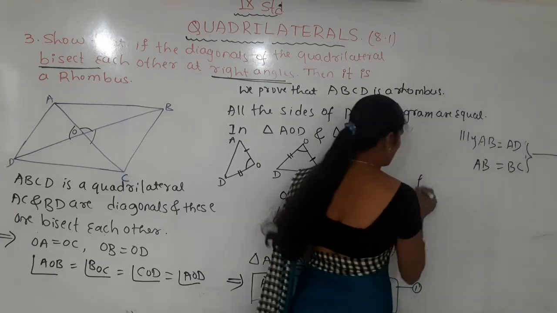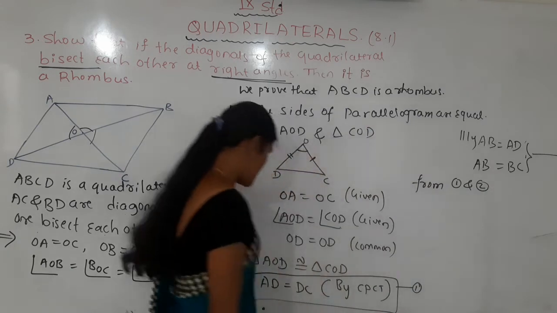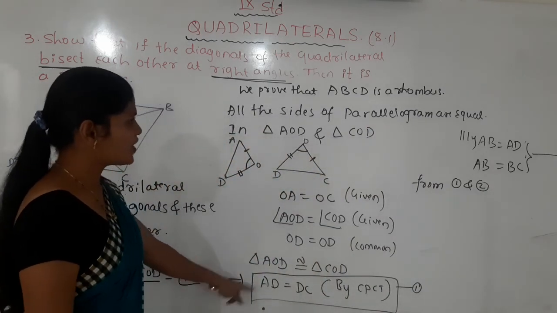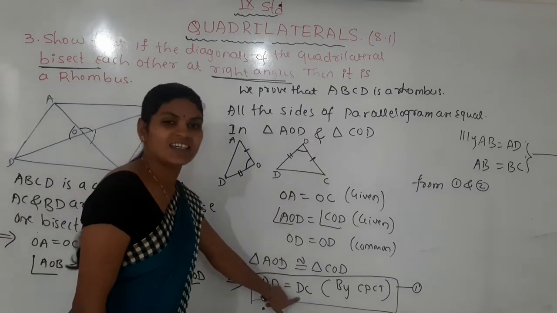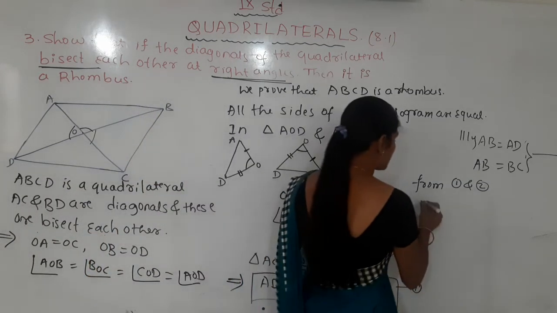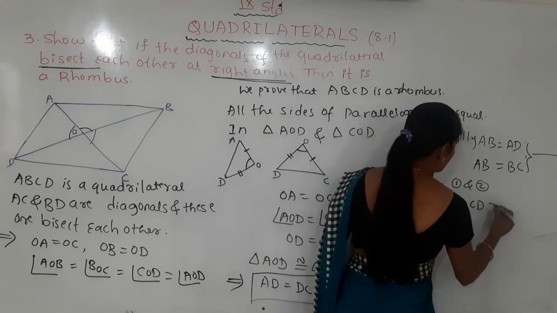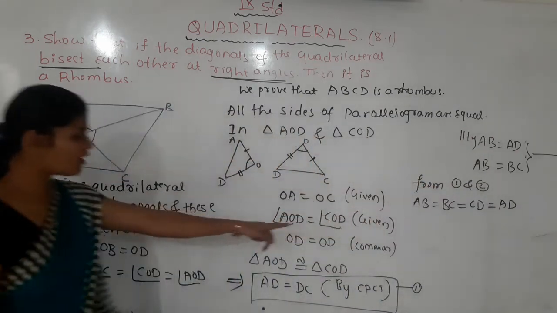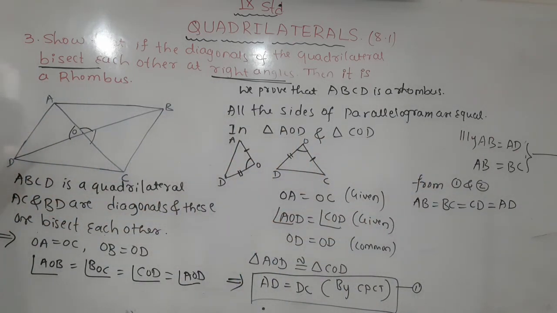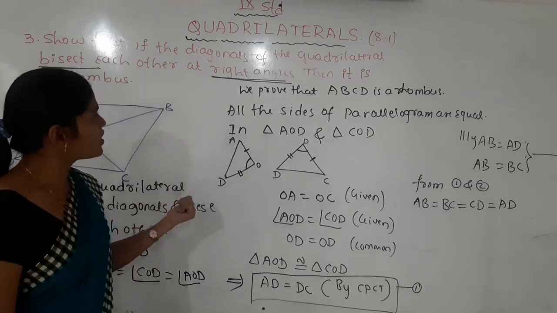Now we can conclude from equations 1 and 2 that AB is the same as BC, which is the same as AD, which is the same as DC. All four sides are equal. AB is equal to BC, equal to CD, equal to what? AD. If all four sides of this parallelogram are equal, then we can decide this is one of the special quadrilaterals.